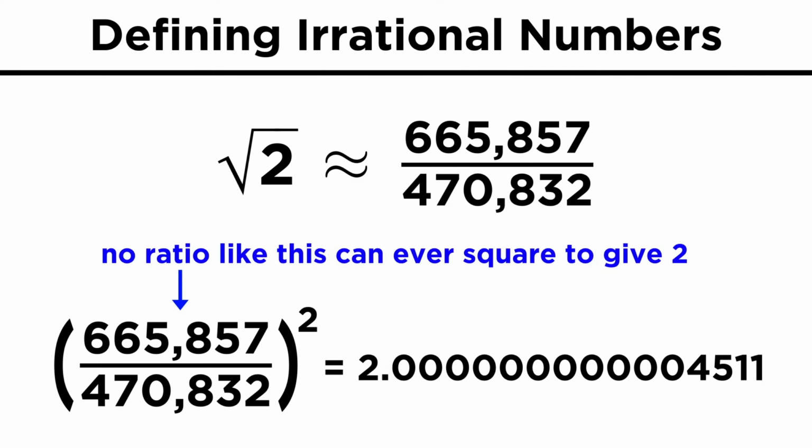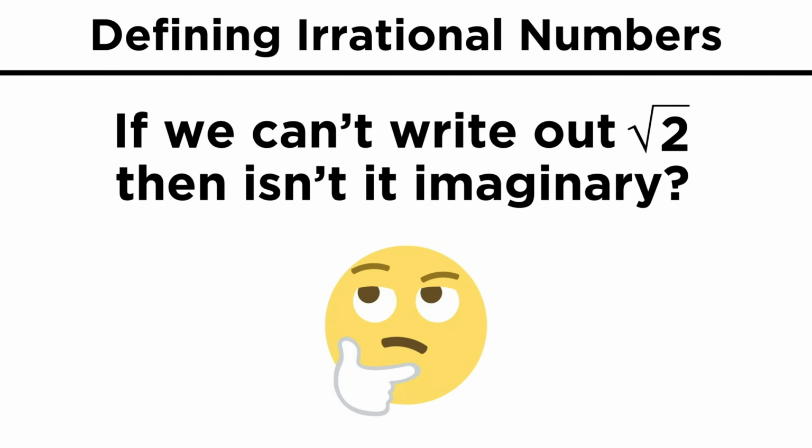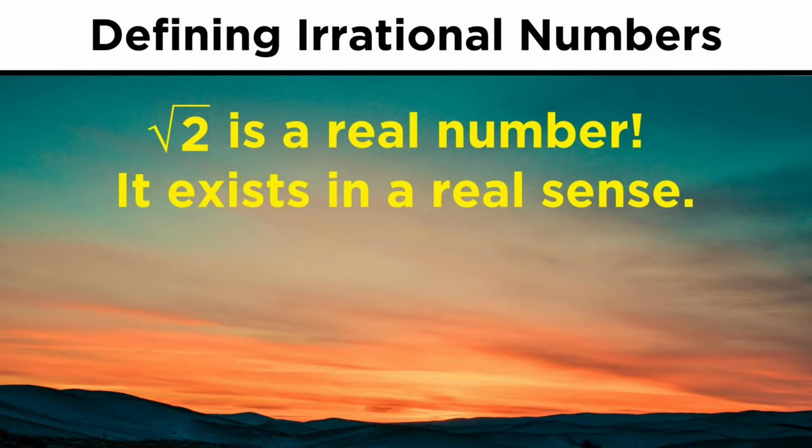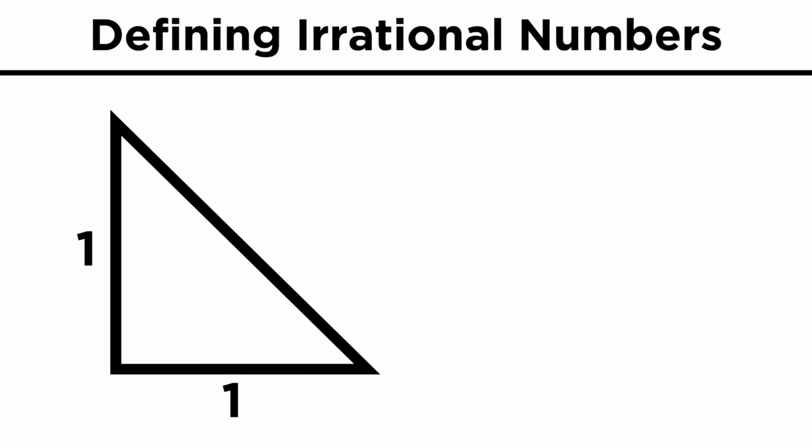Now, you might be wondering, if we can't write out this number, no matter what we do, doesn't that make this number imaginary? The answer is no. Nature is very clear in communicating to us that numbers like root 2 do indeed exist. If you make a right triangle that has legs with a length of 1, the third side will have a length of root 2.